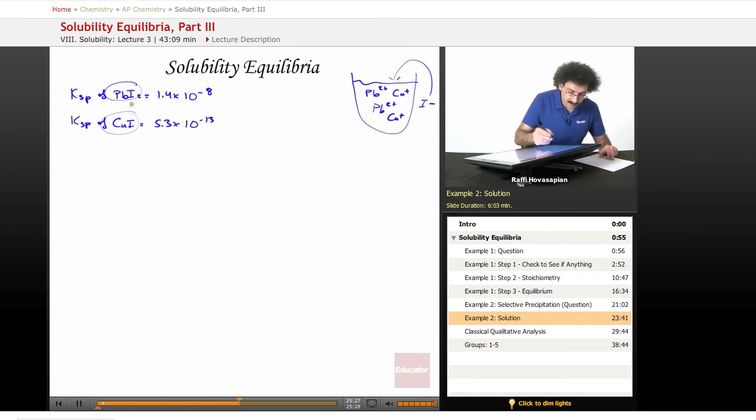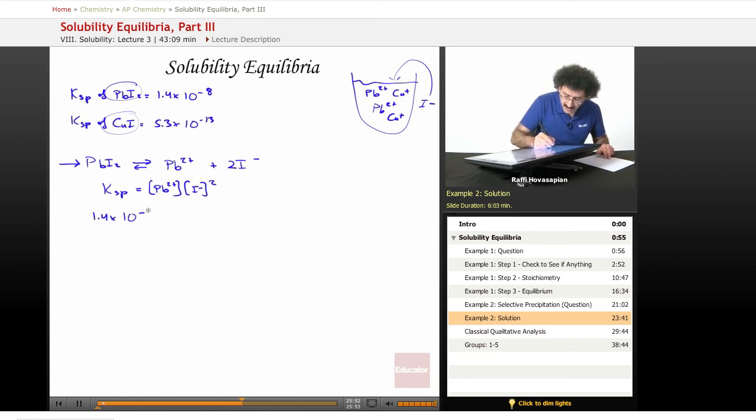Okay. So let's do PbI2. PbI2 is going to be in equilibrium with Pb2 plus and 2I minus. The KSP expression equals Pb2 plus times I minus squared. Well, we know the KSP is 1.4 times 10 to the negative 8. And we know the lead concentration. It says that the lead concentration is 2.1 times 10 to the negative 3, right?